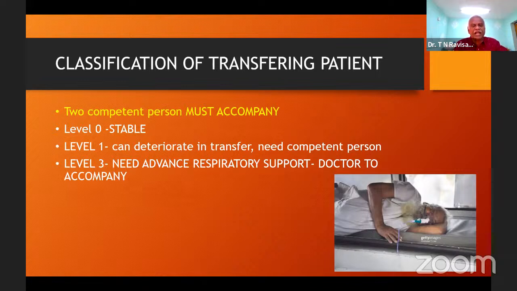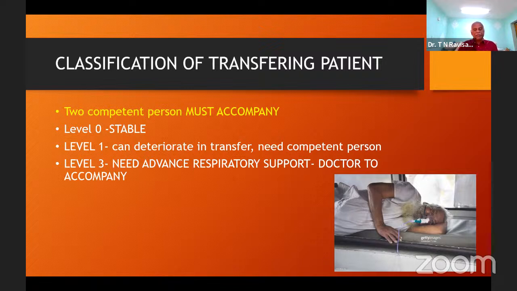You need to classify a transferring patient. The need for the number of persons to accompany is based on the classification of the patient. Two competent persons need to accompany in every situation, even if it is in an air ambulance or in an ambulance on road.